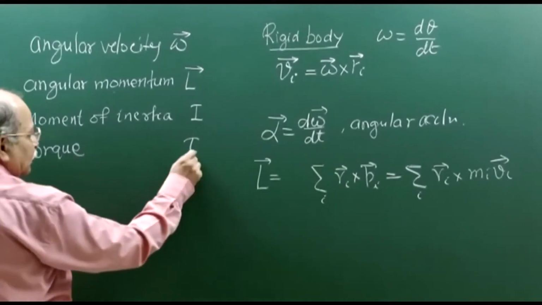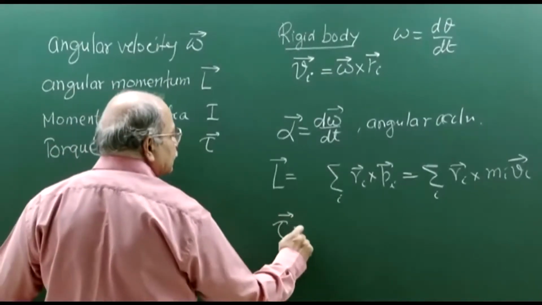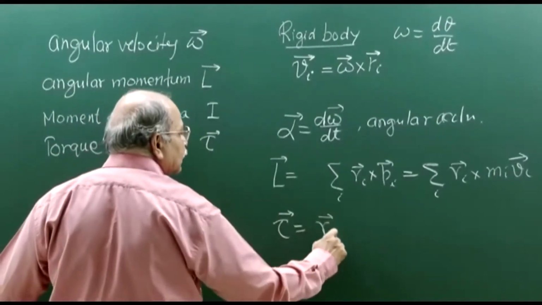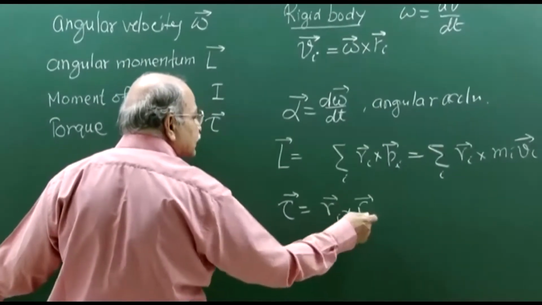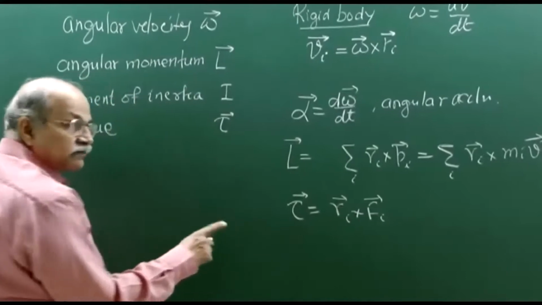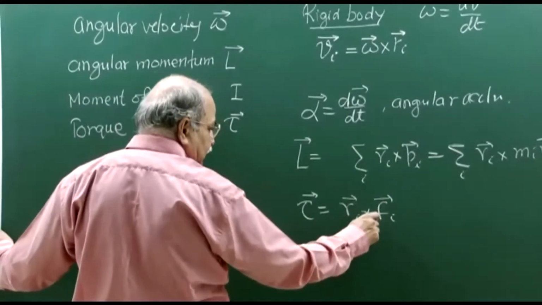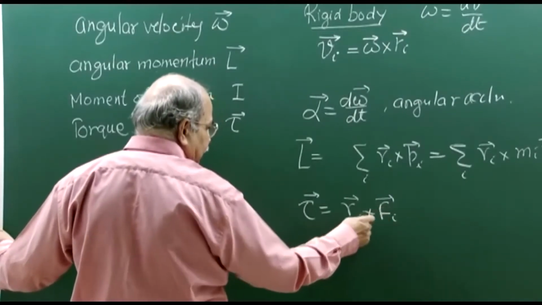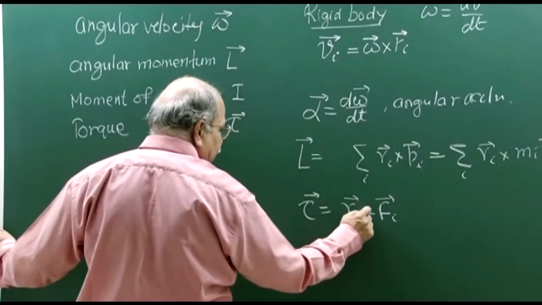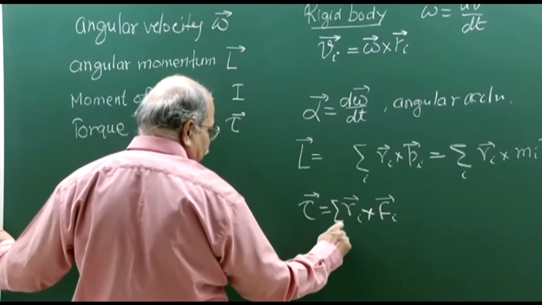And then you have torque. Torque is also a vector quantity. Torque is R cross F, so Ri cross Fi. Look at all the forces, and we are talking of external forces only. If a force acts on the ith particle, then do this cross product Ri cross Fi, and then sum over all those i's.